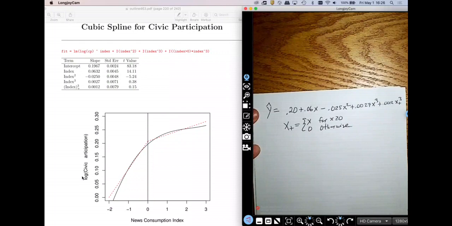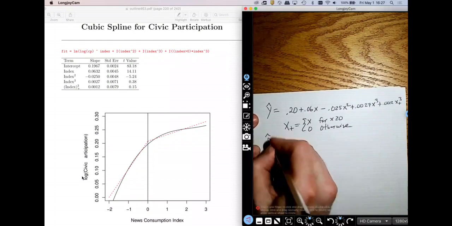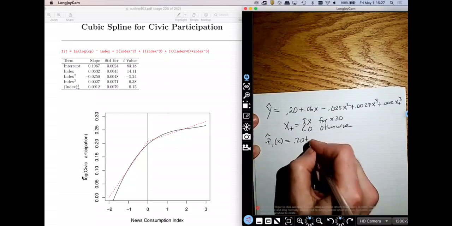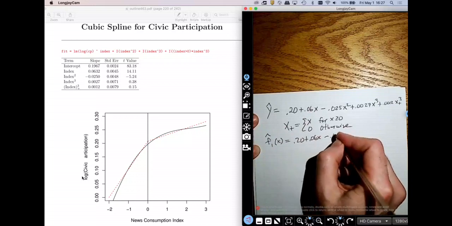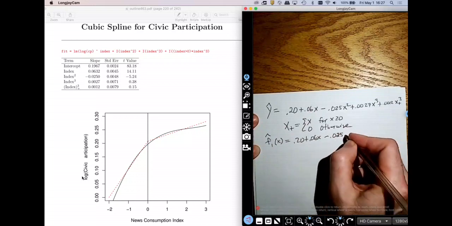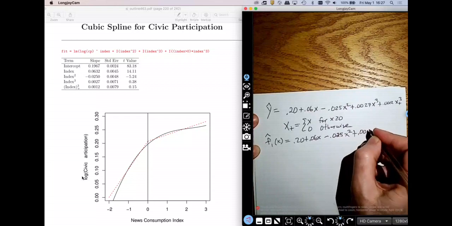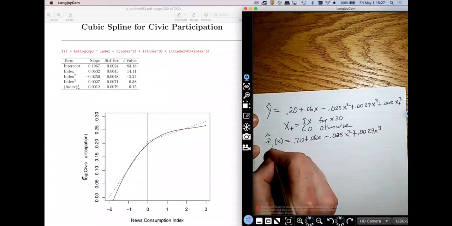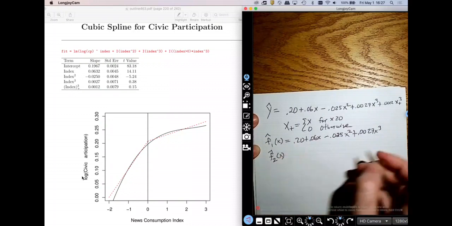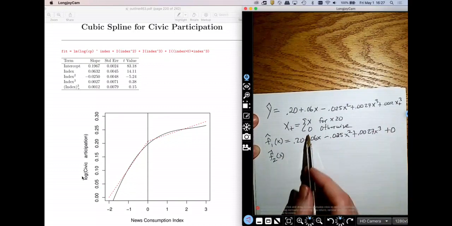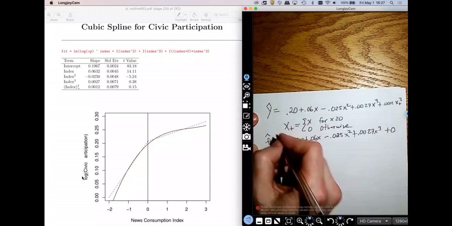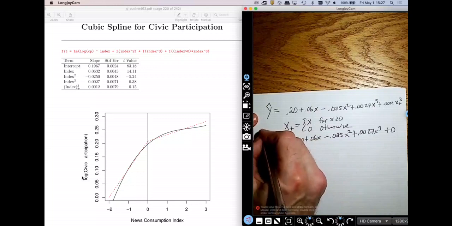And so if you want to know what is the equation that we have, you can think of f hat 1 at x as just 0.2 plus 0.06x minus 0.025 x squared plus 0.0027x cubed, while f hat 2 at x, but by the way, there's a plus 0. Why is there a plus 0? Because I probably should have said this, f hat 1 is for x less than 0.